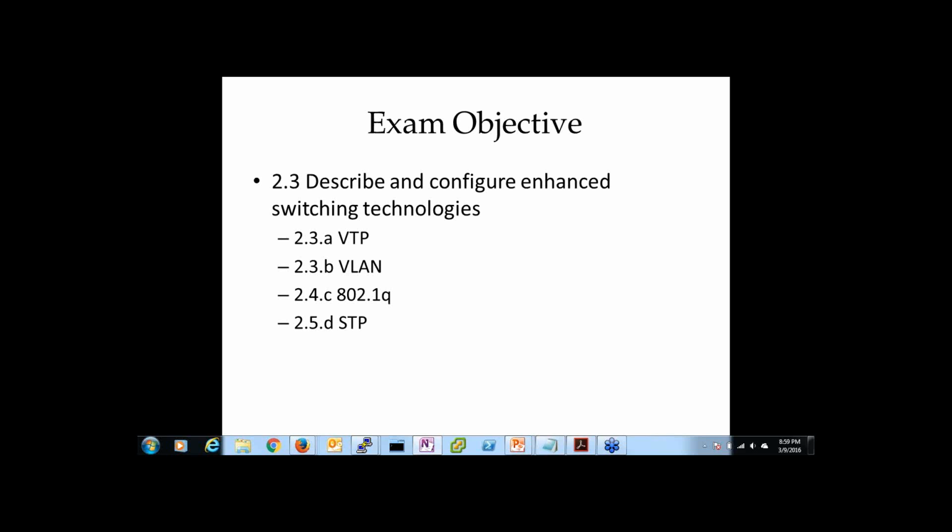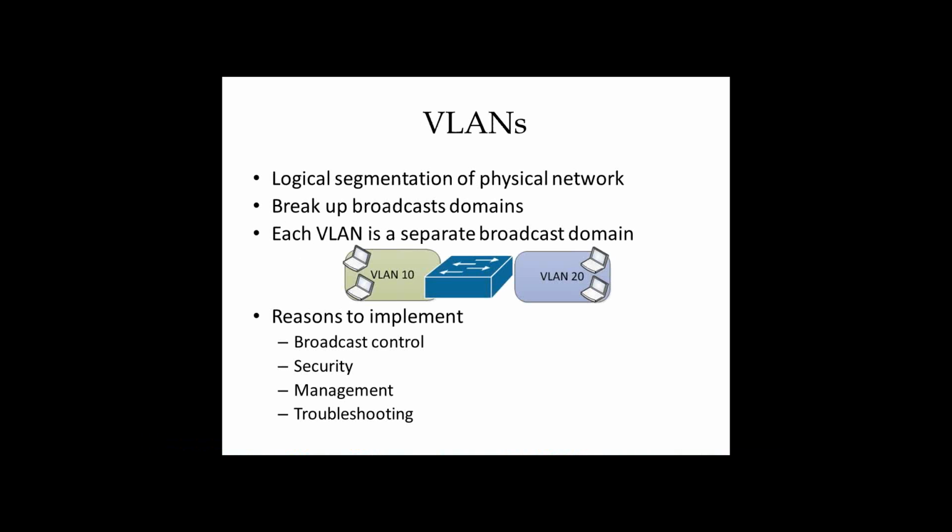All righty. So let's dive into the last section here, but this is where we're going to spend the bulk of our time. So let's get into VLANs. VLANs are a big part of the layer 2 switching environment.